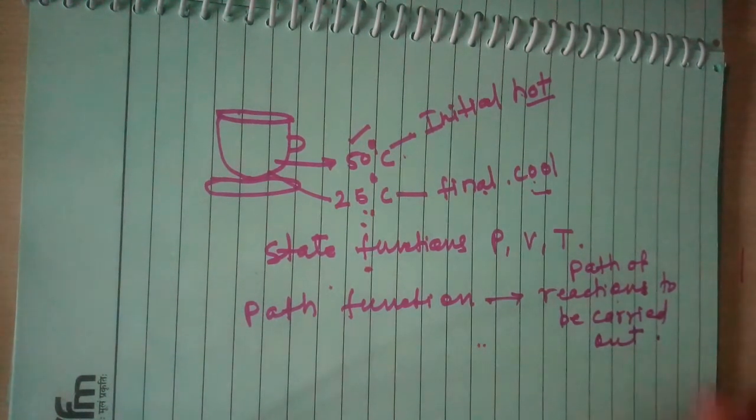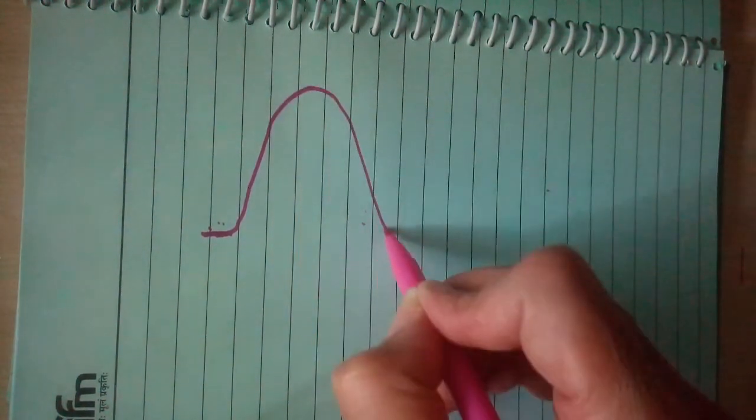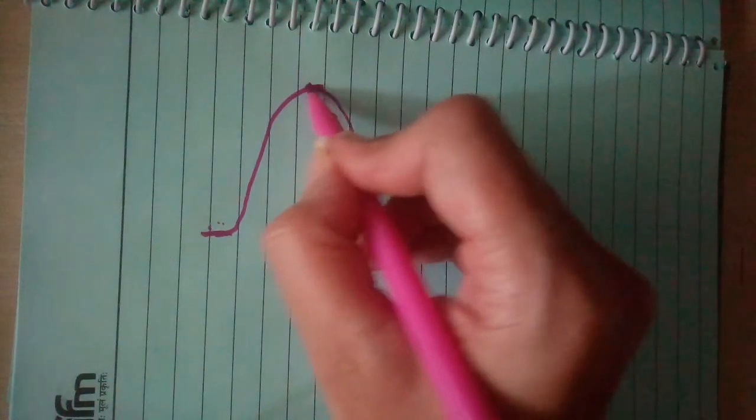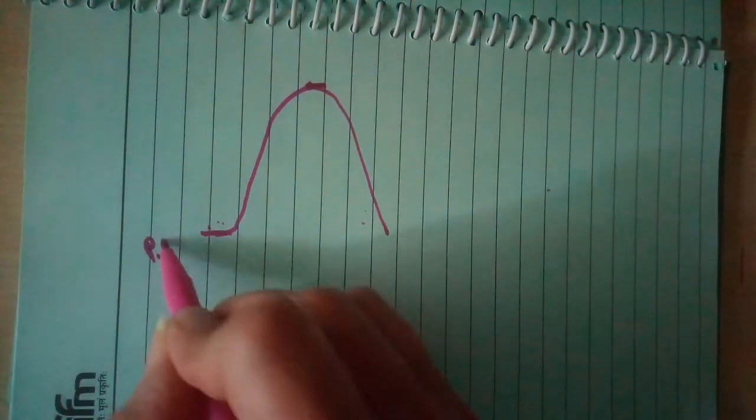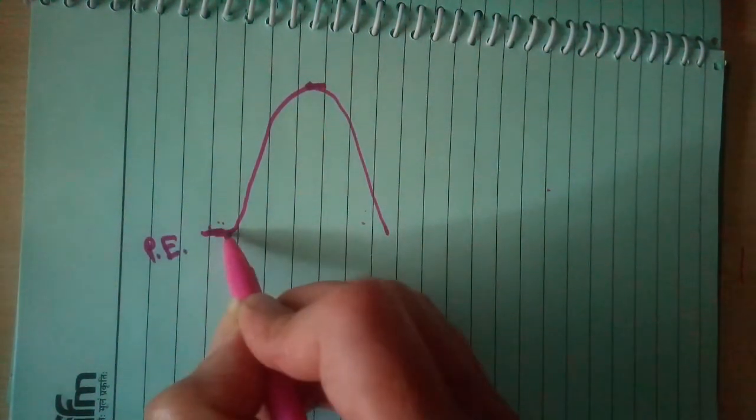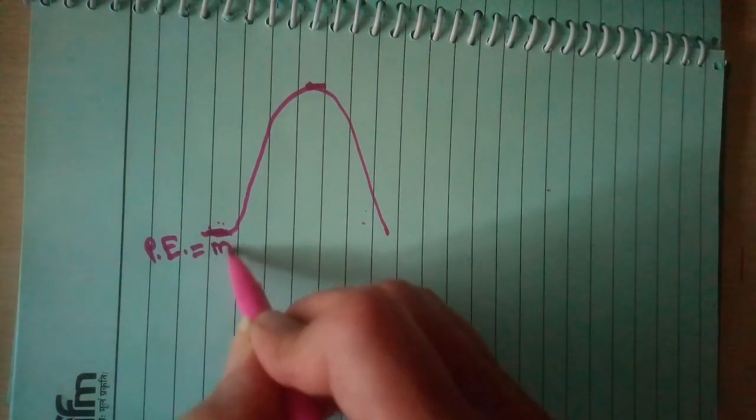So suppose you are standing here and you want to climb up this hill to this height. Initially, the potential energy at this particular point is mgh.